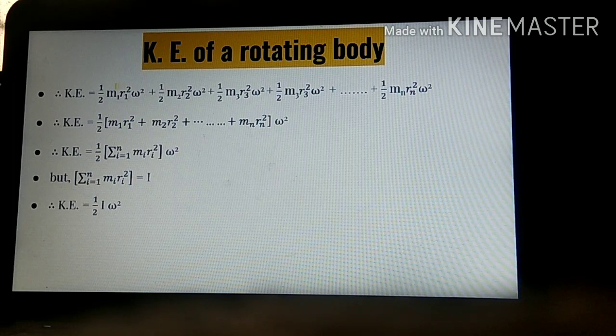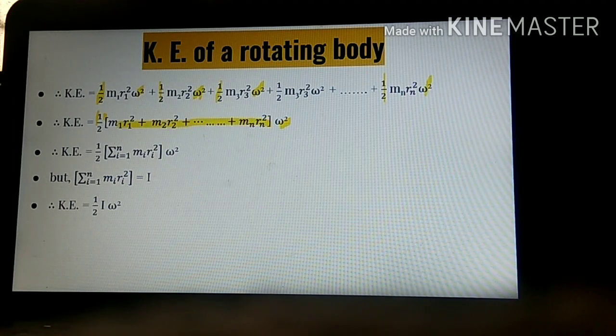But over here you will see that half and omega square are common in both. So we can take out half and omega square outside, and rest all inside. So what we have got is half omega square, brackets m1 r1 square plus ... plus mn rn square.